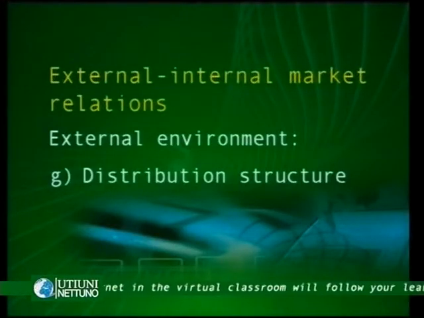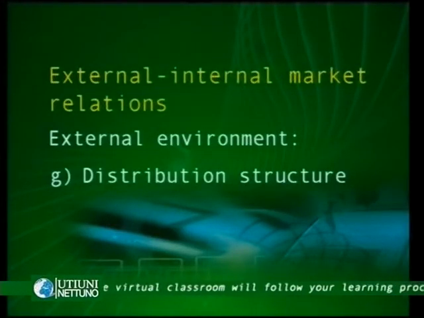Distribution structure. As we were mentioning, together with the promotional structure, the distribution structure is crucial when it comes to the analysis of these external forces conditioning the market relations. So distribution could be organized on a large scale or on a small scale.